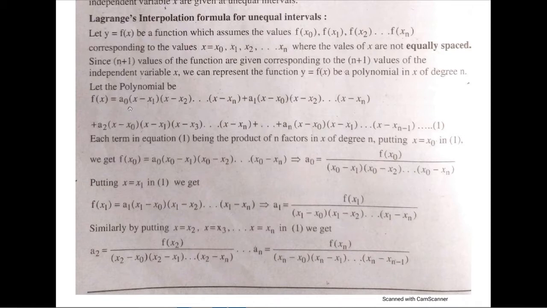Let this be the polynomial. f of x is equal to a naught times x minus x1, x minus x2 and so on up to x minus xn, plus a1 times x minus x naught, x minus x2 and so on up to x minus xn, plus a2 times x minus x naught, x minus x1, x minus x3 and so on up to x minus xn, plus, this is the general term of the polynomial, plus an times x minus x naught, x minus x1 and so on up to x minus xn minus 1.